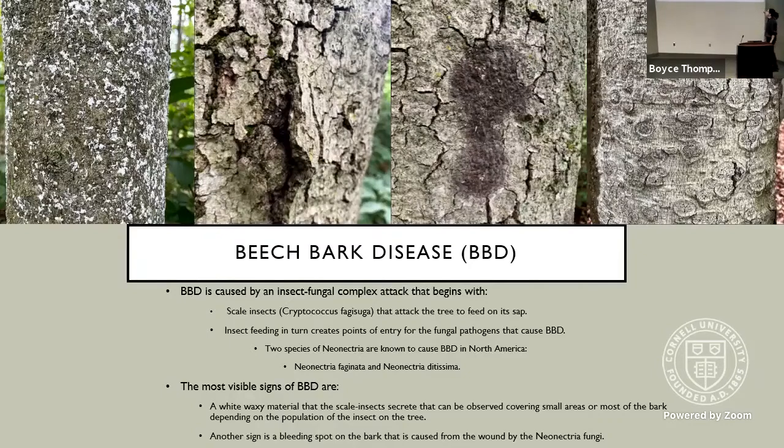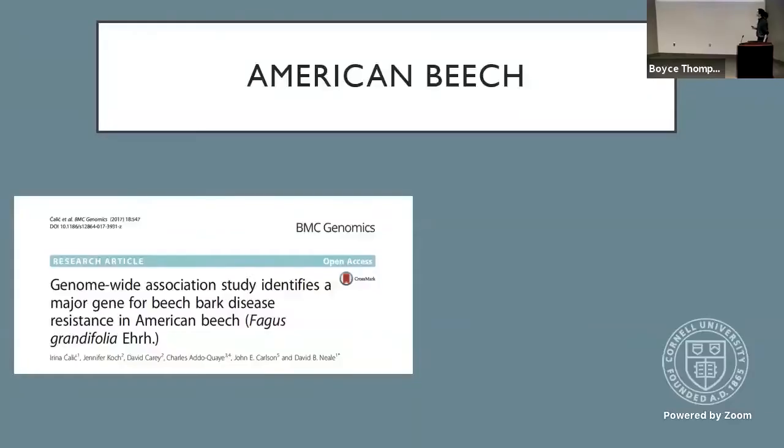The second sign, which means the tree is pretty much infected with the disease, is called a bleeding spot, and it's caused by the fungus. It's usually circles that appear reddish, and that's beech bark disease.